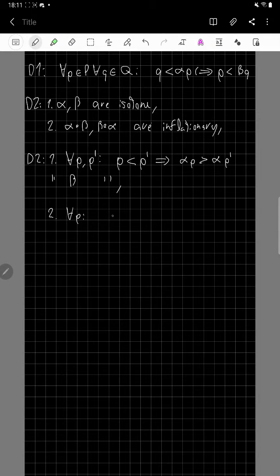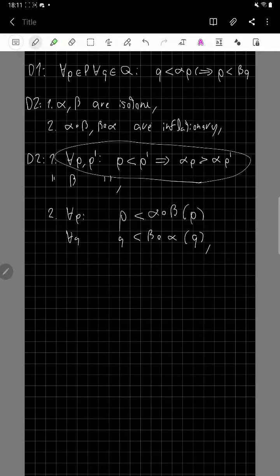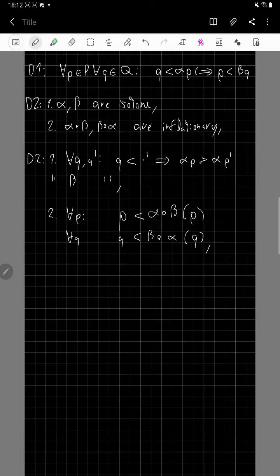It means for any p, alpha composed with beta of p will be greater than p. And then we're going to have the same thing for all q, beta composed with alpha of q. Also I made a mistake. This shouldn't be p, this should actually be q, because the domain of alpha is Q.